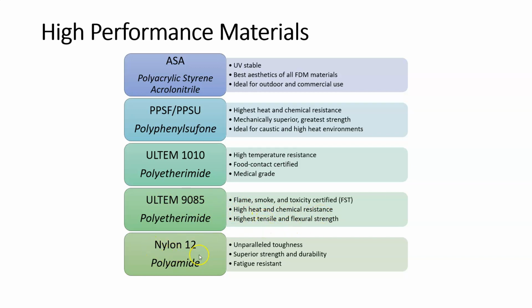And then of course we have nylon, unparalleled toughness, superior strength and durability, very fatigue resistant. So these are good materials, good plastics. They're getting close to metal properties. They're not there yet. There is some distance between the plastics and the metal, but they're getting close to the metal properties in many of these applications.